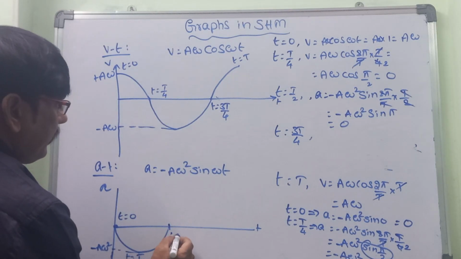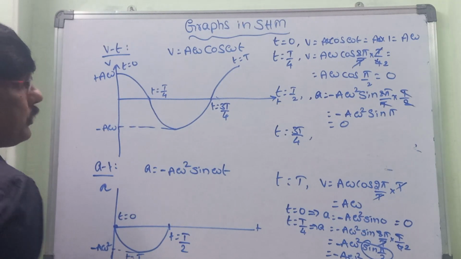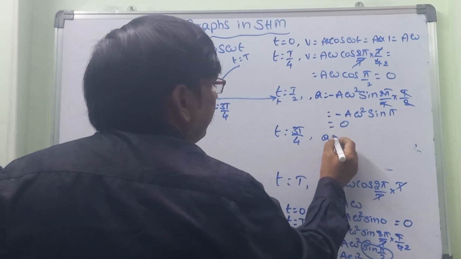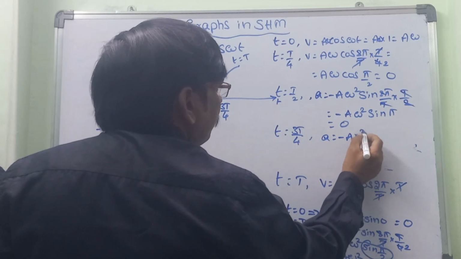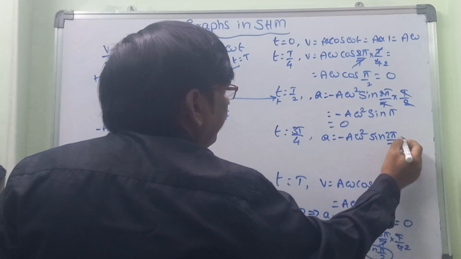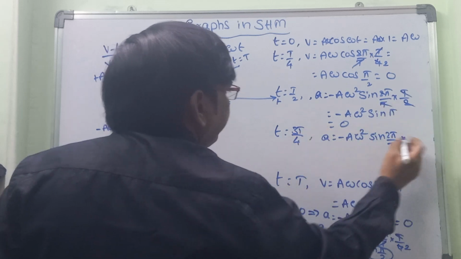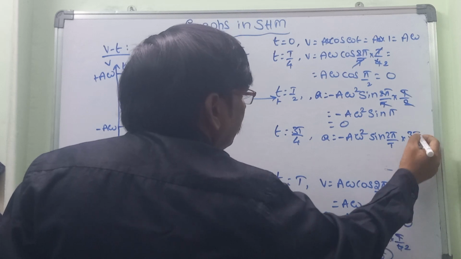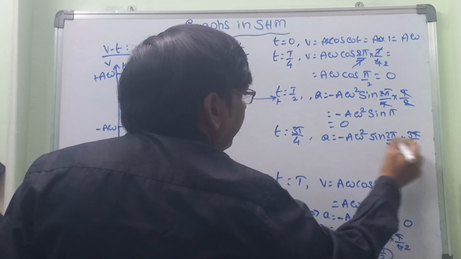At here, t is equal to T by 2. Now let us take a is equal to minus a omega square sin of 2 pi by T into, then what can we take? 3T by 4. So here T and T get cancelled.